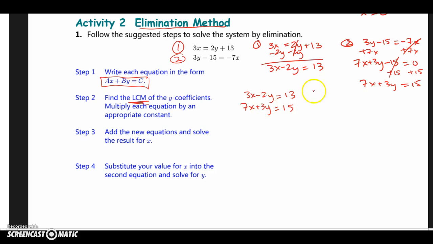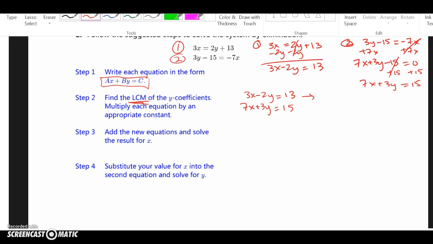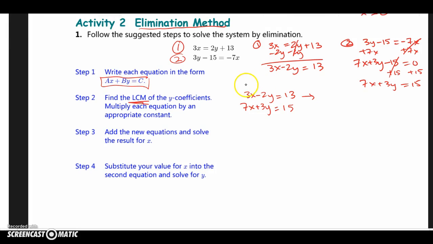In order to get a negative 6 up here, I need to multiply the top by a 3, all the way through, and the bottom one by a 2 to get a 6 for the coefficient of the y's.